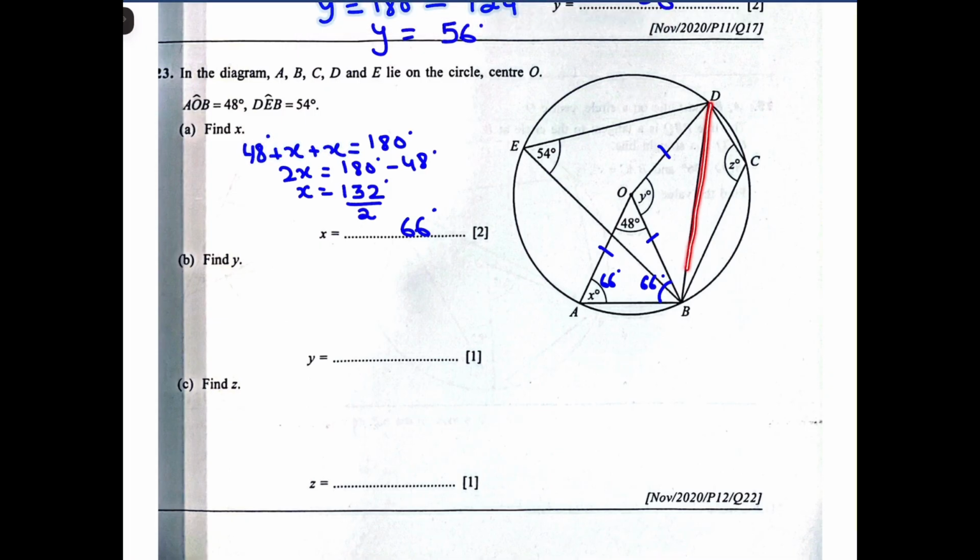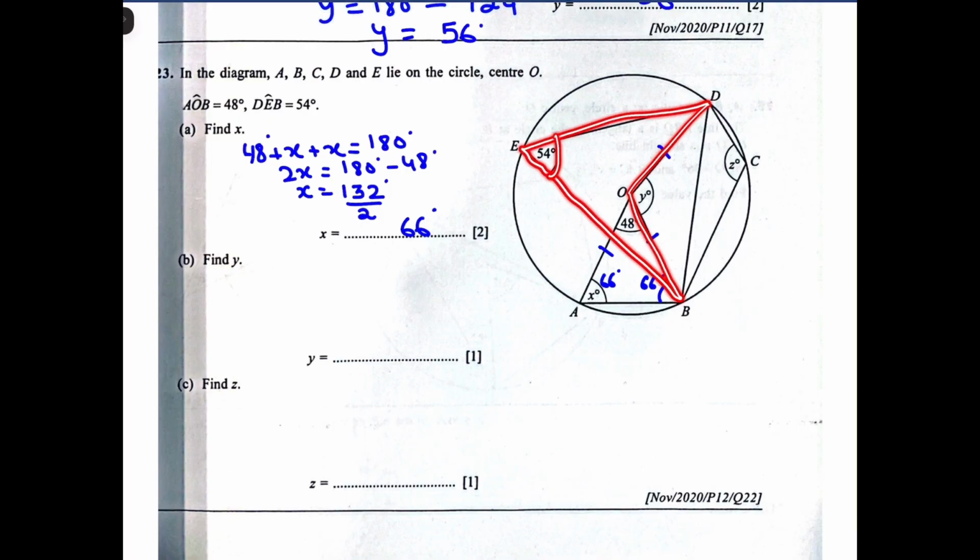Let's focus on the arc BD. The angle subtended by BD at the center of the circle is y, and the angle subtended by BD at the circumference is 54. Right? So the angle at the center is twice the angle at the circumference.